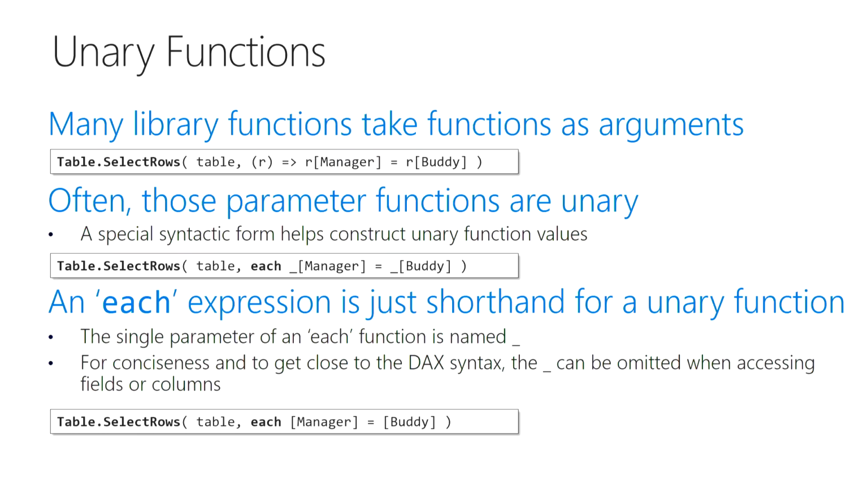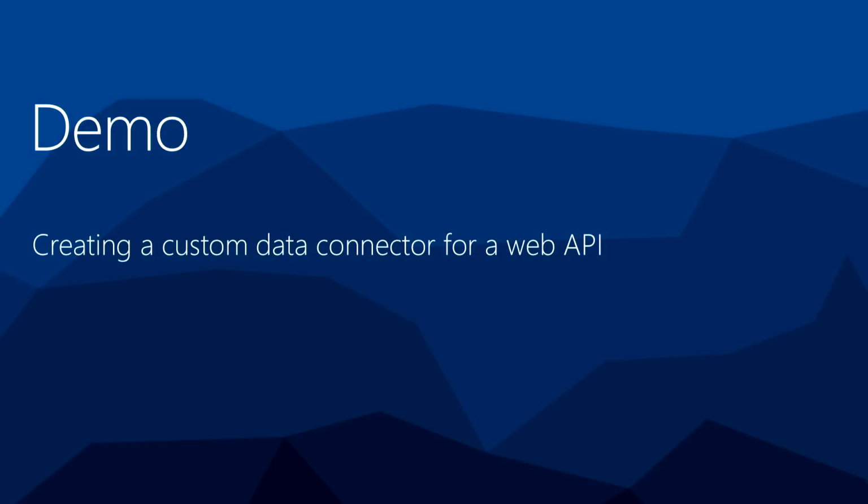So all three of these statements are equivalent. They're the exact same expression. They evaluate to the same thing, just different ways of writing it. You usually don't have to use the underscore, but you might have to when you're writing custom code because, for example, if you want to call another function and pass that row value in, you'd use the underscore to pass that through. Okay? So that's pretty much the only complicated part of M.